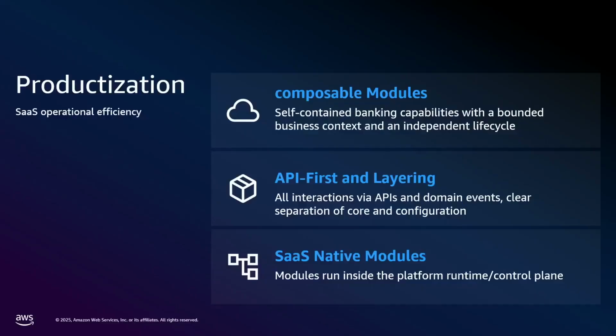So first, when you look at the productization itself, as the name already says, we decided to go for composable modules. This means each module, such as an investment book of record, a corporate action module, or an instant payment module, contains its own business context and can be operated standalone.